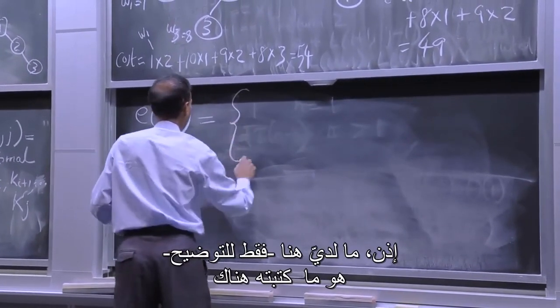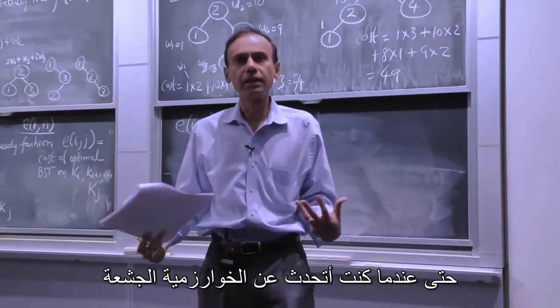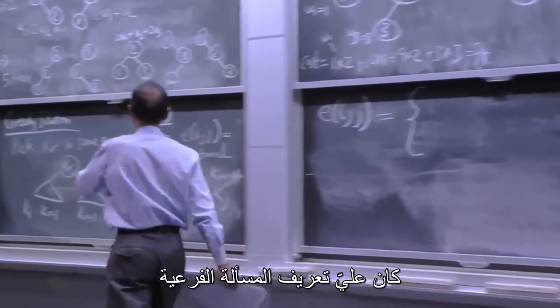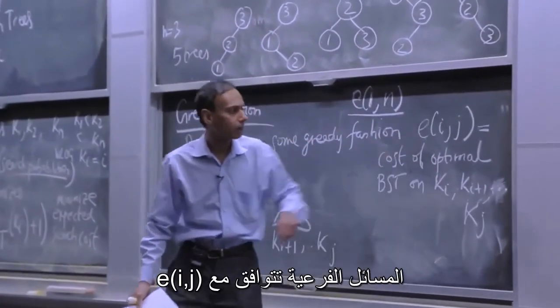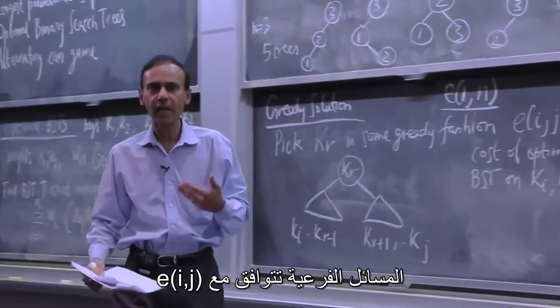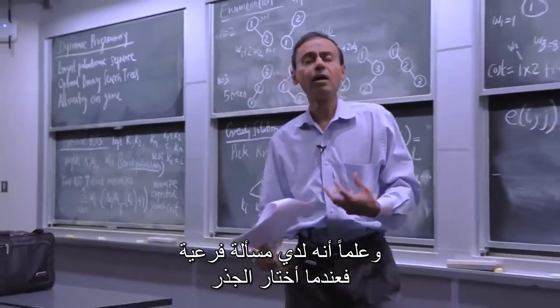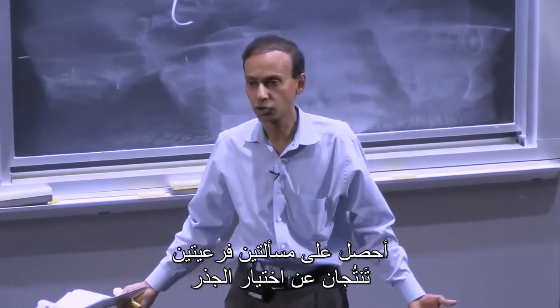Right, so what I have here, just to be clear, is what I wrote up there. Even when I was talking about the greedy algorithm, I had the subproblems defined. So the original problem is E1 through N. The subproblems correspond to EIJ. And given a subproblem, once I make a root choice, I get two subproblems that result from the root choice.